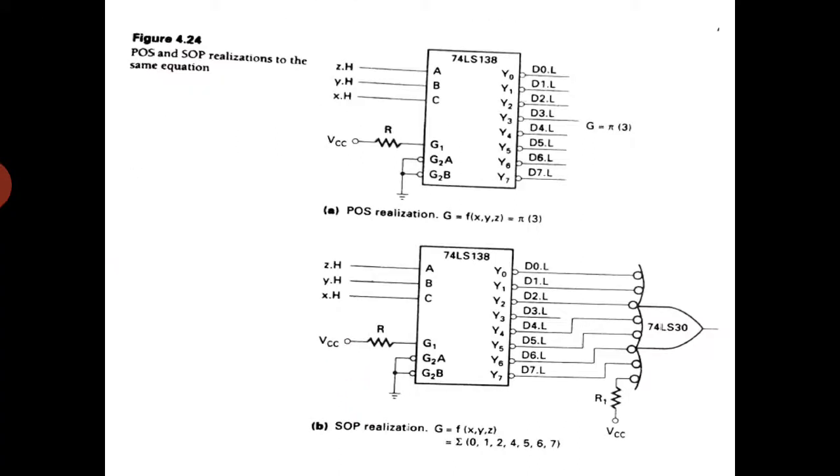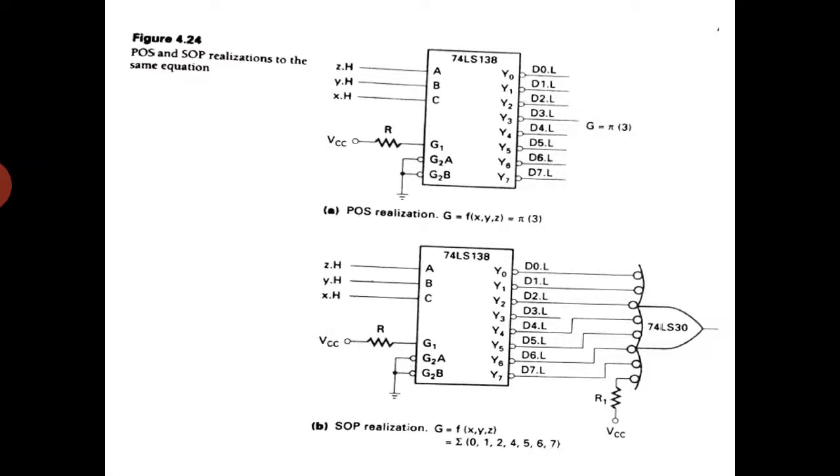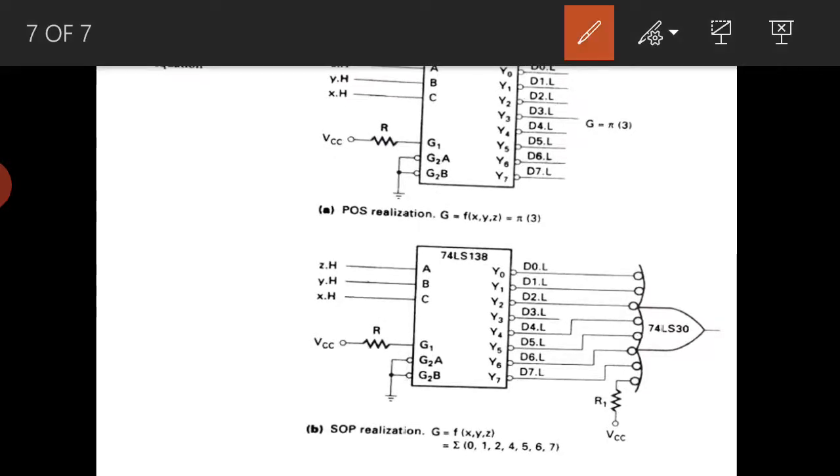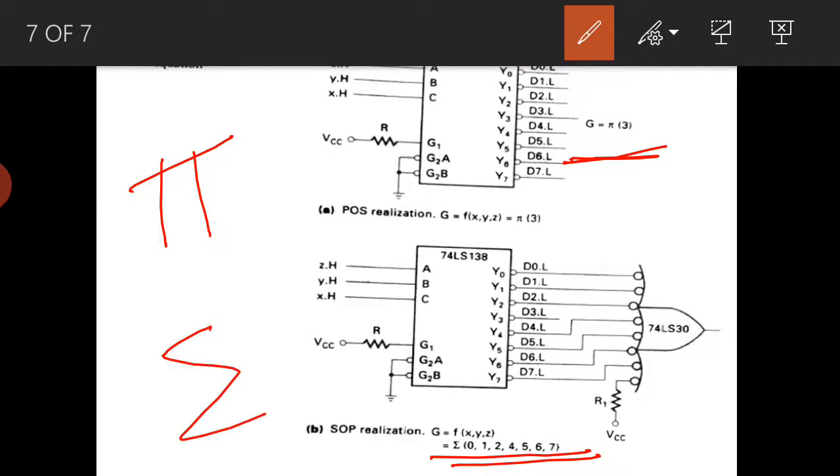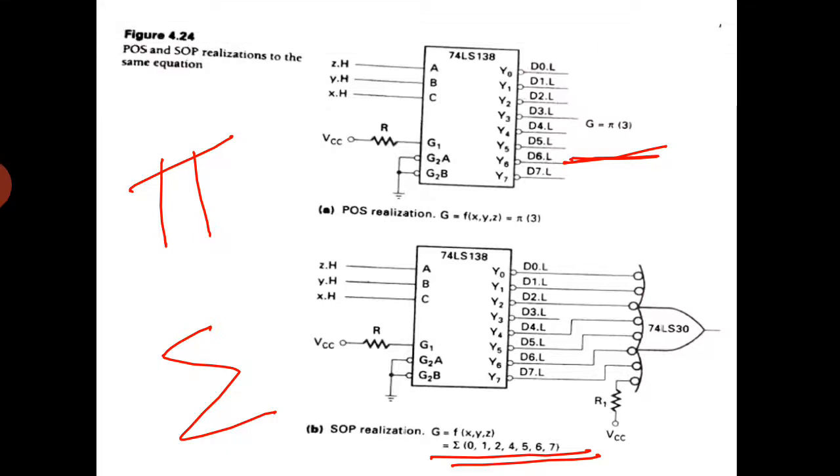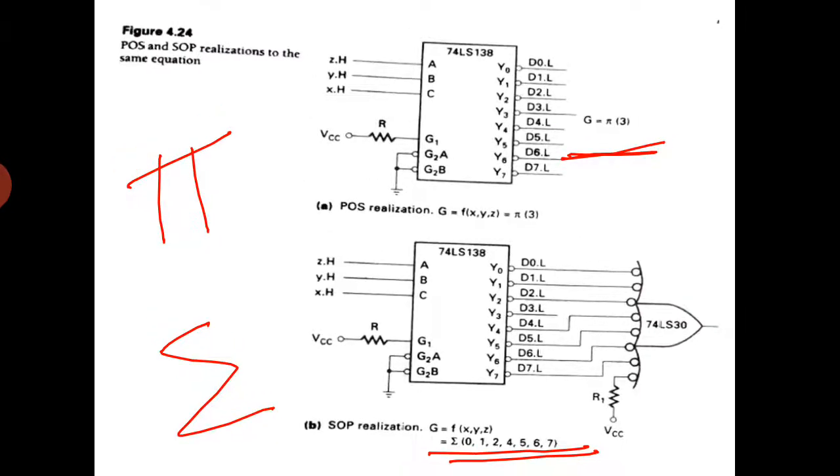Similarly, this is one more example. You can see here, this is for max terms and this is for min terms. Max terms will be represented with pi and min terms will be represented with summation for the function. As we see in this diagram, only for 3 I should get active low, means the output is 0.